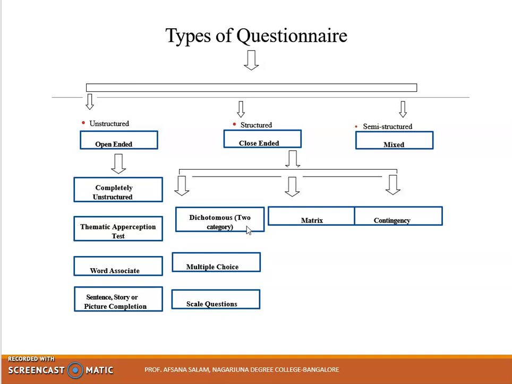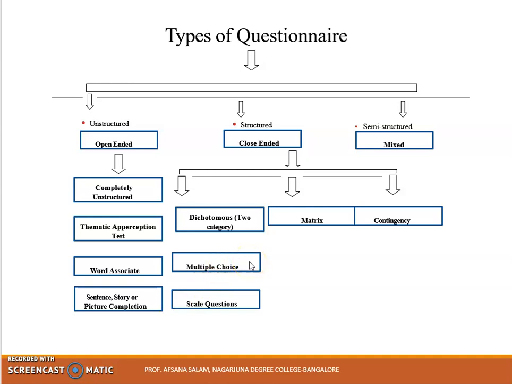Within those two options only, you can choose any one option. That becomes your dichotomous or two-category structured questions.